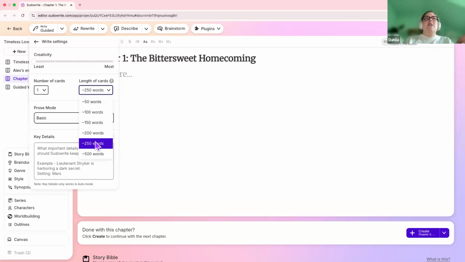This is also something that you can adapt to your writing style, whether you like a lot of short cards or essentially almost, I'd say that should be like 2 pages. That's all up to you how much you want to have generated before you manually edit.